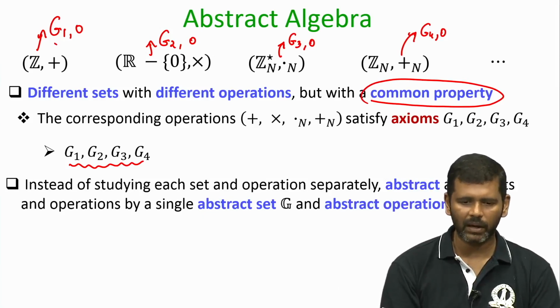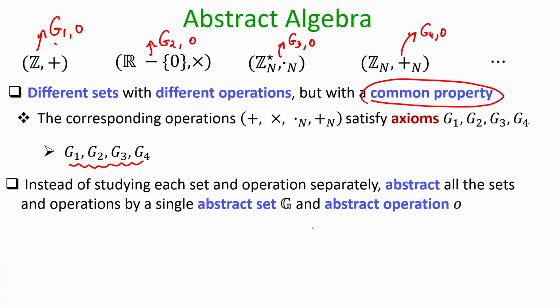So, what we can now do, and that is precisely what we do in abstract algebra, is that instead of studying each of these sets individually and separately and deriving properties of each of them separately, we will abstract out all these sets by a common template, a common structure.